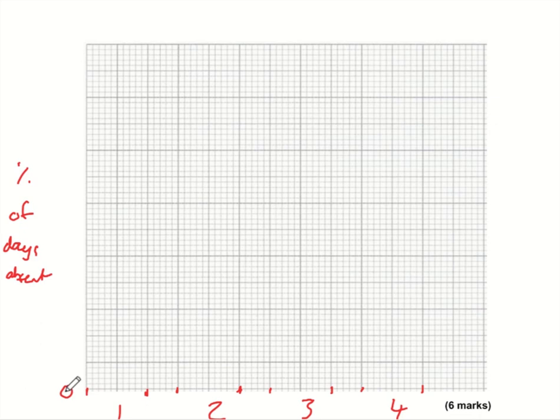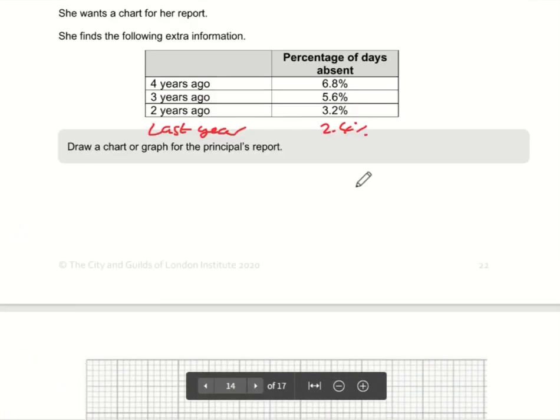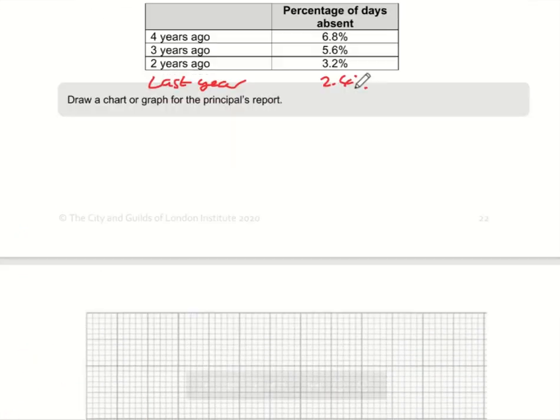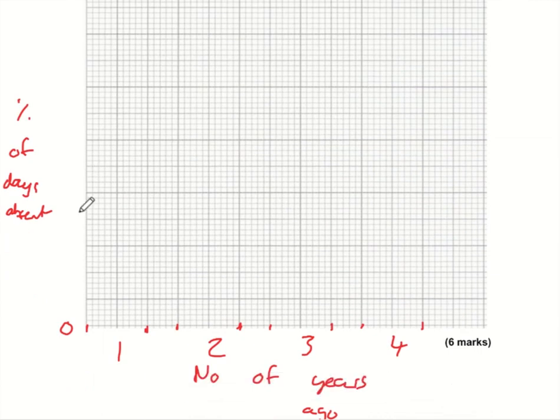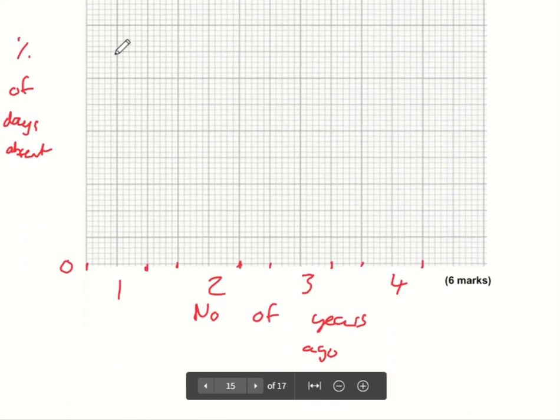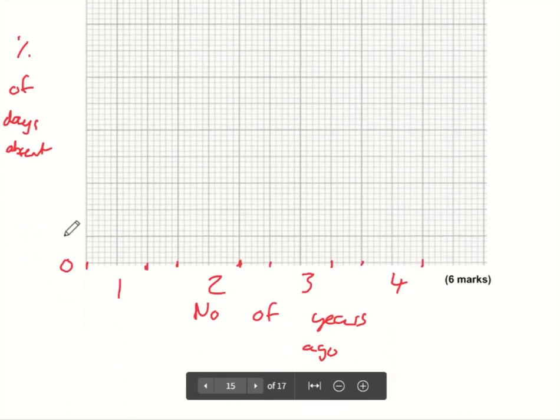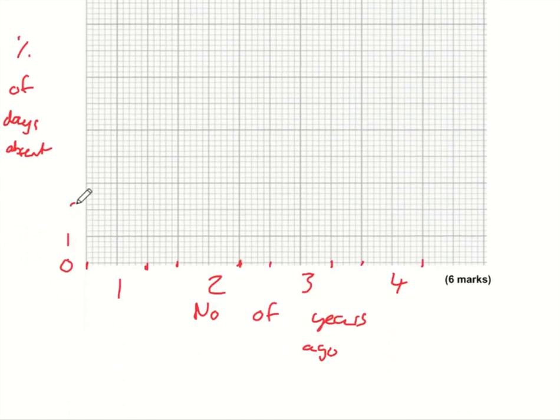So I'm starting at 0 and I only need to go up to 6.8, so 7%. So can I use 1, 2, 3, 4, 5, 6? That won't fit. Never mind. Okay, so I just have to go up 1, 2, 3, 4, 5, 6, 7.